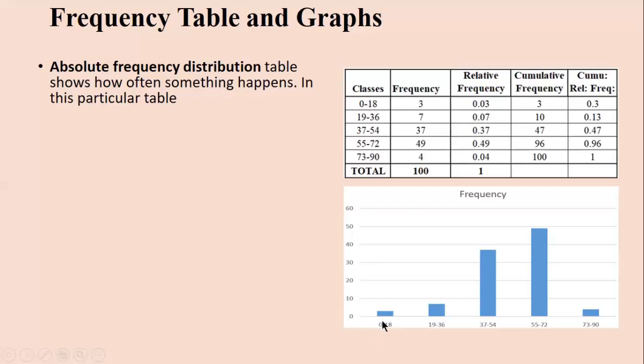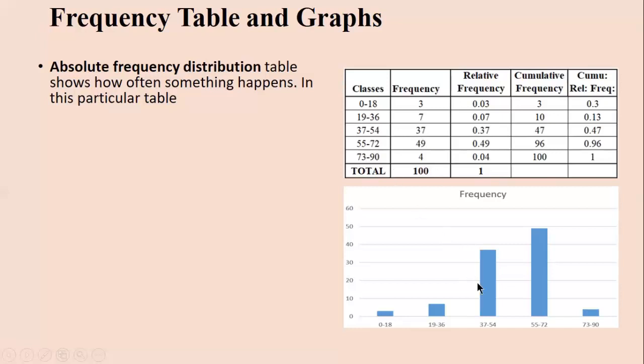So here you can see that on this first class, I have just created a small bar showing the frequency of 3. And similarly, when we came to the second class, from 19 to 36, containing a frequency of 7, that bar goes up to 7 with any kind of color.